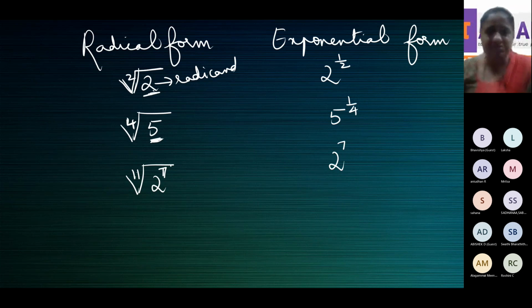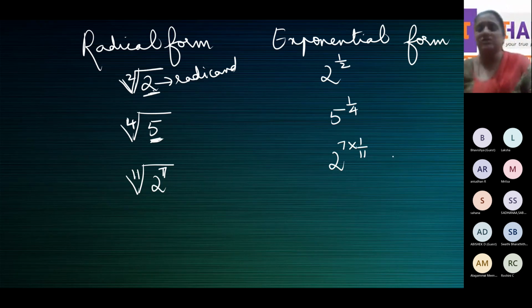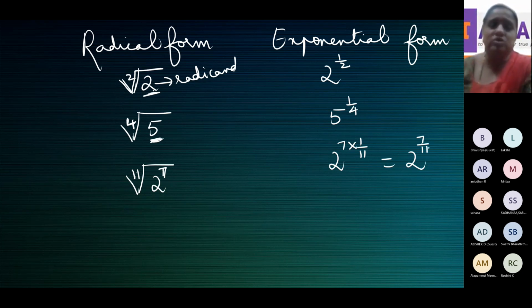Now 11 will become its reciprocal, so 1 by 11. Into 1 by 11, because there's already a power 7. How will you connect 7 and 1 by 11? With a product sign, 7 into 1 by 11. So this is nothing but 2 to the power 7 by 11.